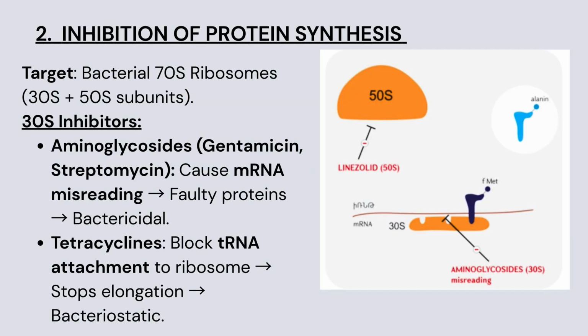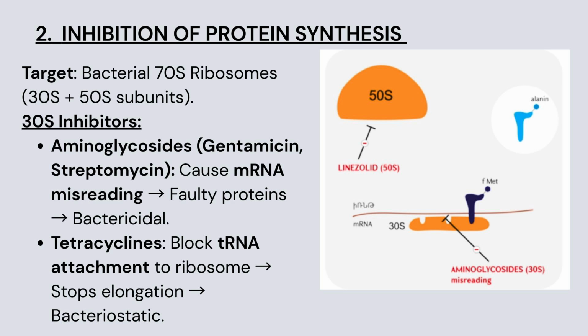Inhibition of protein synthesis. Bacteria have 70S ribosomes, which are structurally different from 80S ribosomes found in human cells. Antibiotics exploit this difference by binding to specific subunits of the bacterial ribosome and interfering with protein synthesis.